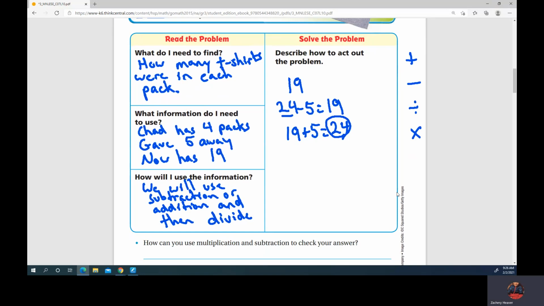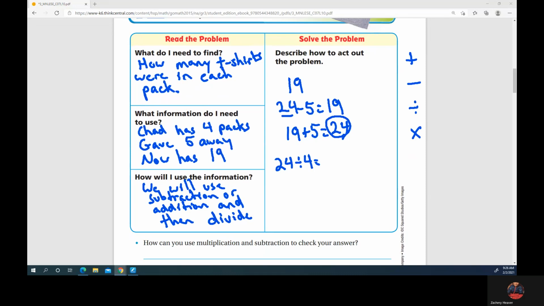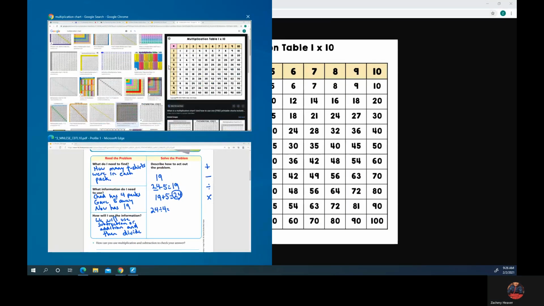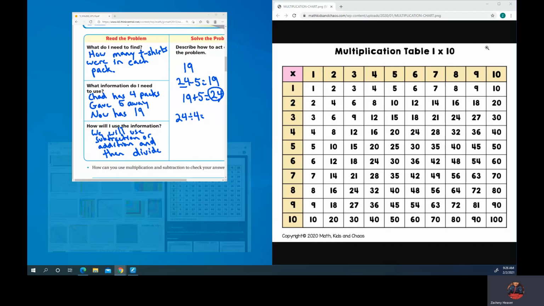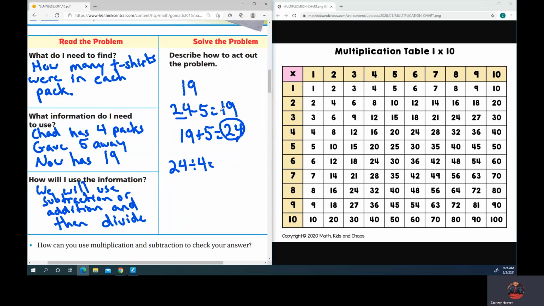Now he has 4 packs, so we're going to do our division. So we're going to do 24 divided by 4. And if we use our multiplication chart, let me pull one up again. Open image, new tab. Good. So let me put this right here. 24, let me minimize this just a little bit.